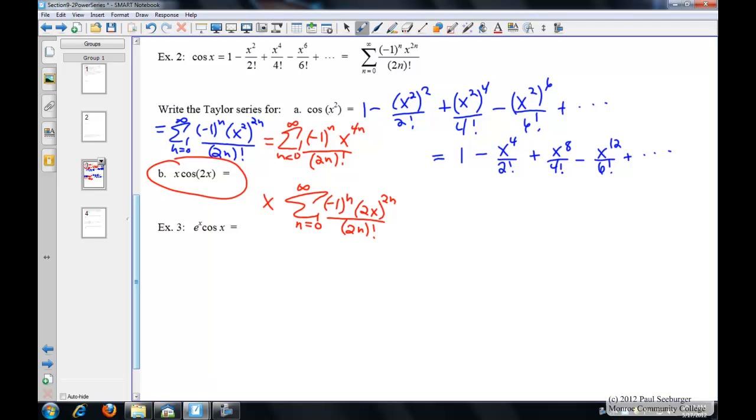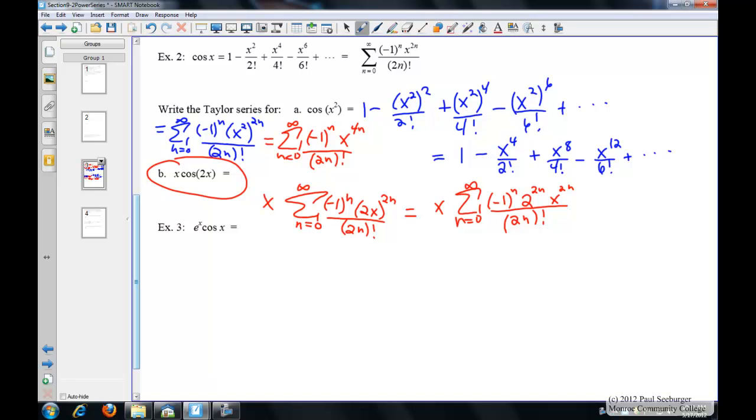Okay, now that will be equal to x times, we'll leave the x out there for a moment longer here, the sum from 0 to infinity of negative 1 to the n. The 2 we might want to bring out, 2 to the 2n times x to the 2n over 2n factorial.